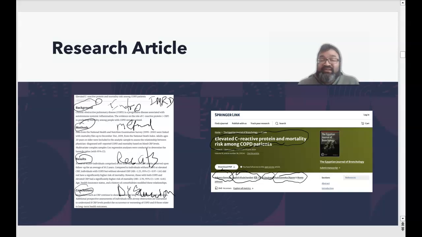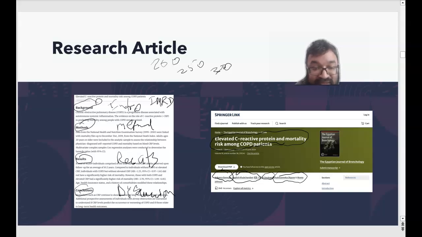These are the areas, and typically I've seen abstracts anywhere from as short as 200 words. Some say 250, and others will tell you 300. So this is not many words.